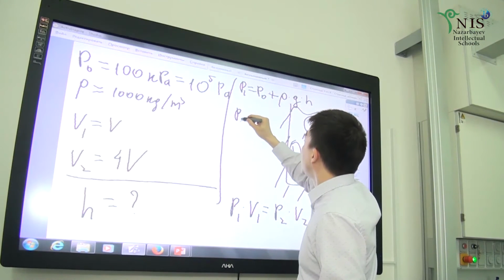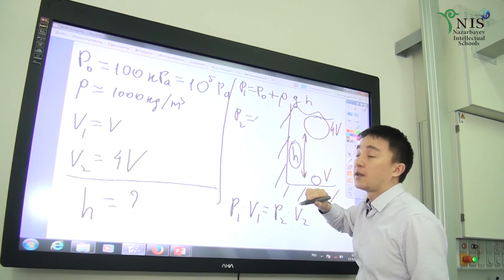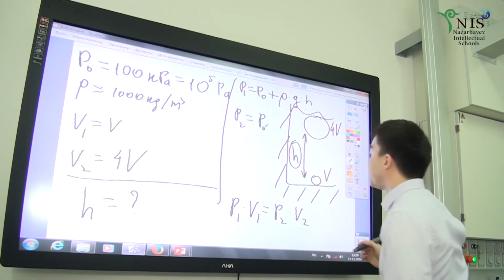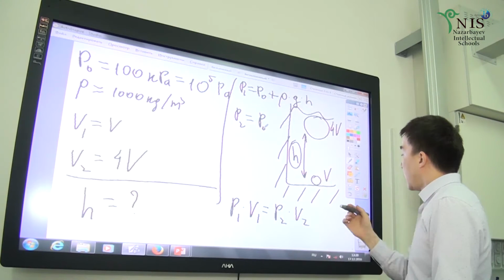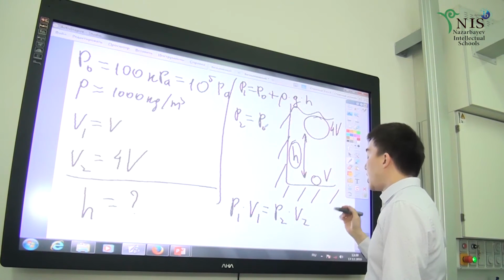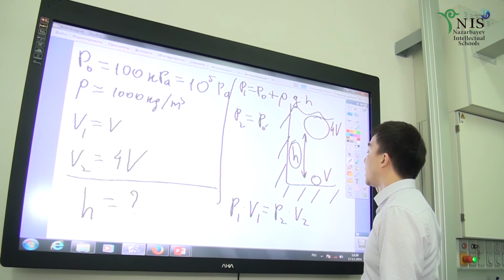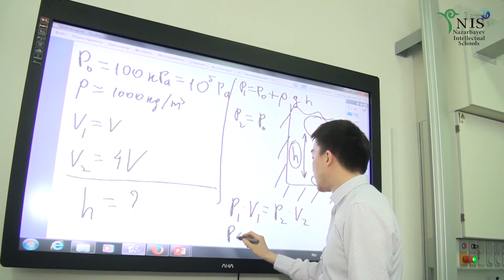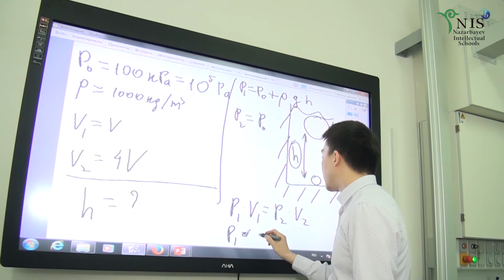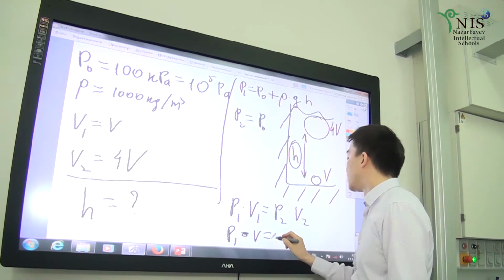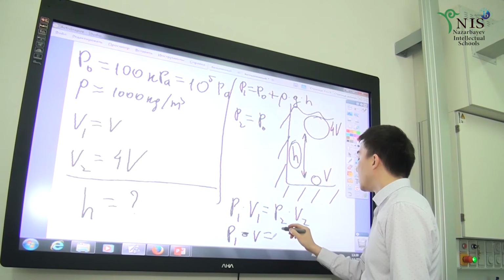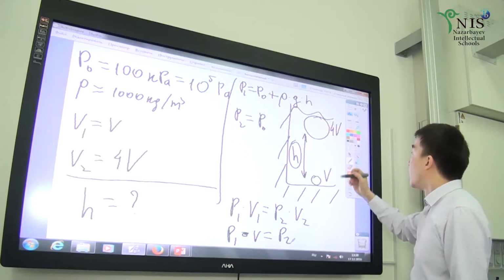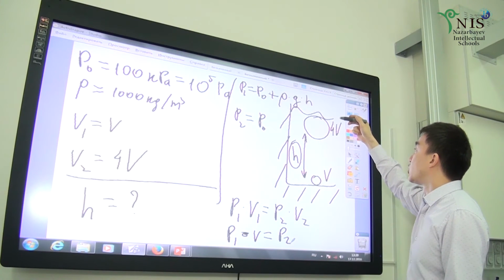And pressure 2 is equal to atmospheric pressure, pressure 0. So, as the volume changes as it reaches the top of the lake, we can write pressure 1 multiplied by the initial volume equals pressure 2 multiplied by the volume as it reached the top of the lake.